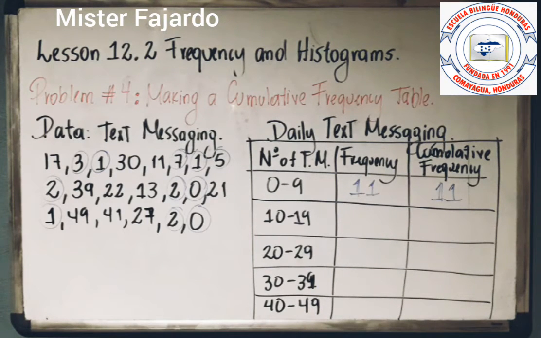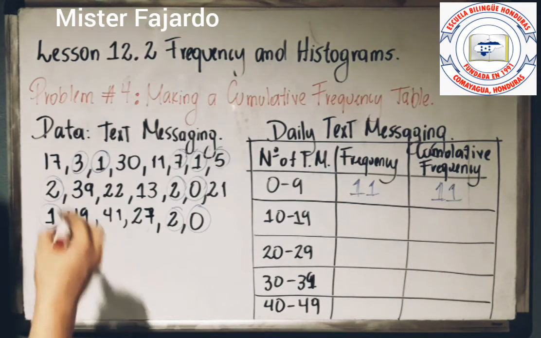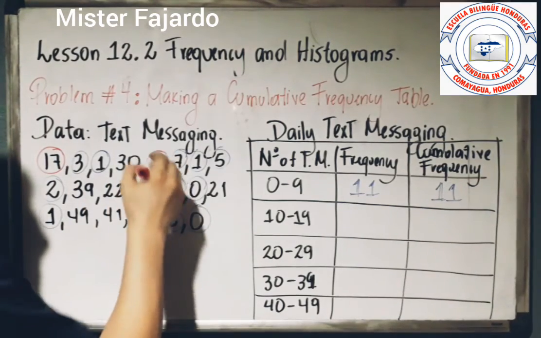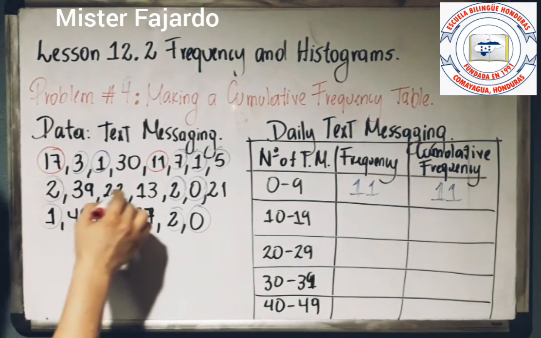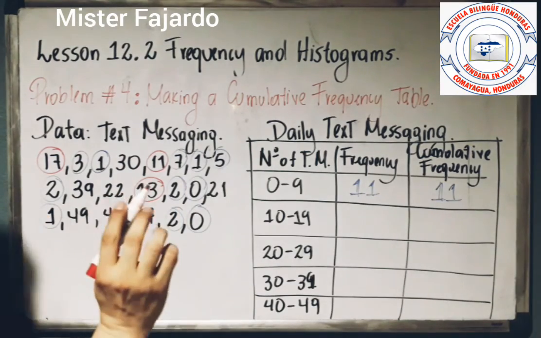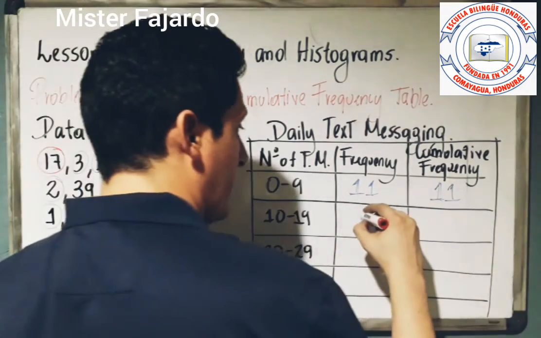Now, in the next one, you need to see what are the values from 10 to 19. You can see that I have 1 here, 2, and 3, just 3. In this case, it's going to be 3 here.